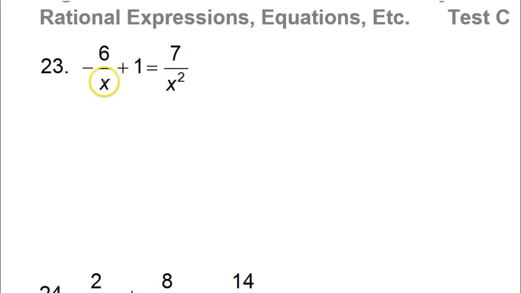So I can make this into x squared by multiplying by x, which I need to do the same thing in the numerator. I can turn this denominator into x squared by just putting an x squared down there. Alright, but I have to do the same thing in the numerator, so I've got that.